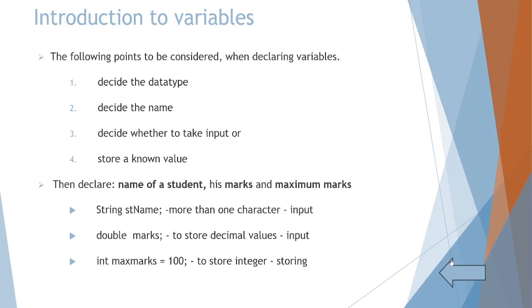Now decide, the third point is decide whether to take input or store a known value. Whenever a student joins a college, we ask in the application form only name, address, all the details. And after he or she gives examination, then only marks will be entered. In that case also, the teachers will enter. So name and marks are to be taken as input.